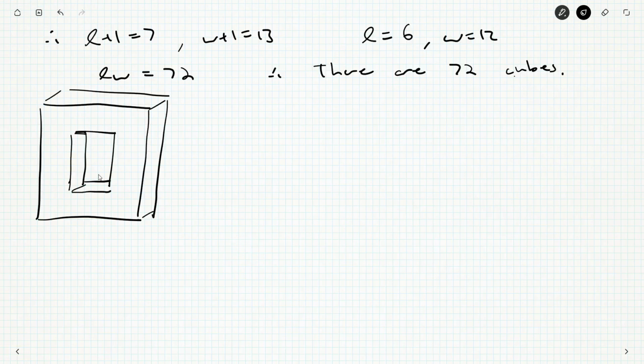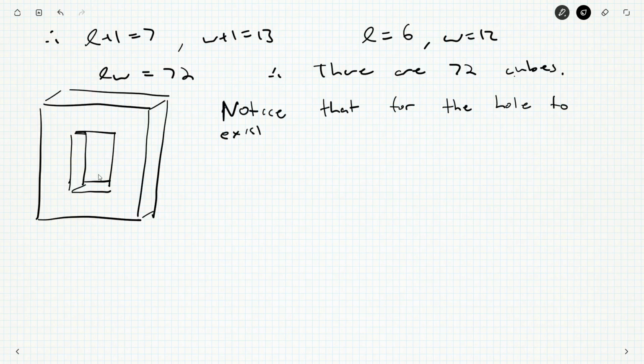Okay, so notice that for the hole to exist, 2k has to be less than w, less than or equal to L. So 2k plus 1 is less than or equal to w, is less than or equal to L. This might be helpful, or maybe it's this one.